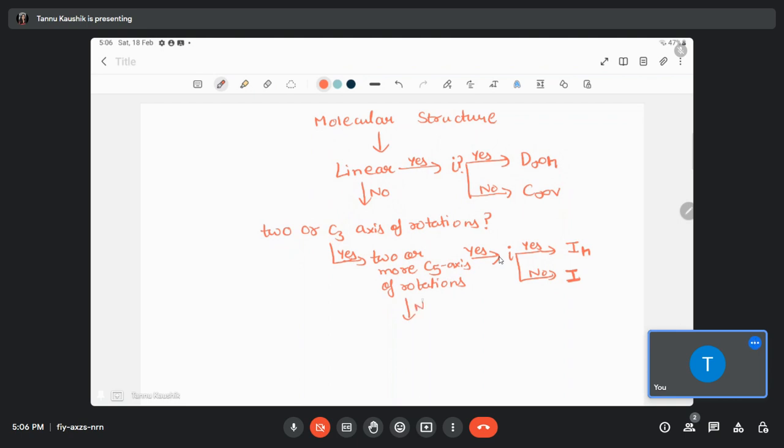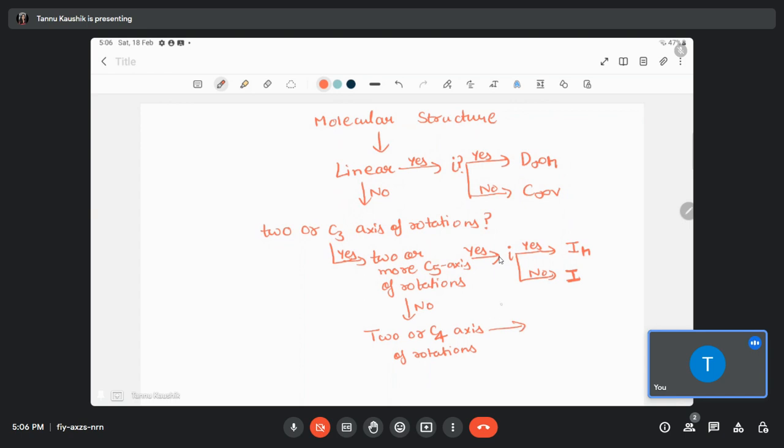If it doesn't have two or more C5 axes of rotation, then we will again check whether it has two or more C4 axes of rotation. So this Ih, icosahedral, these come under cubic point groups.